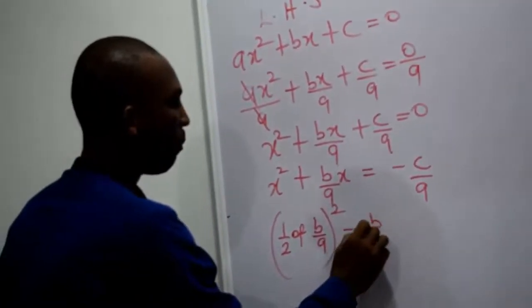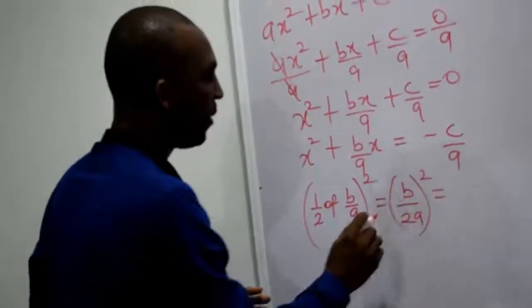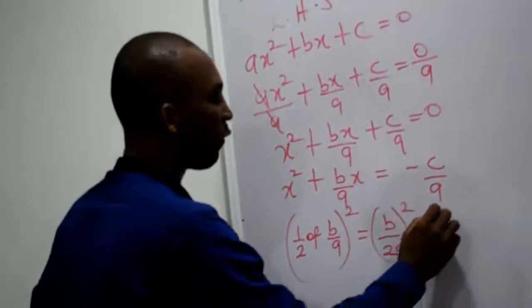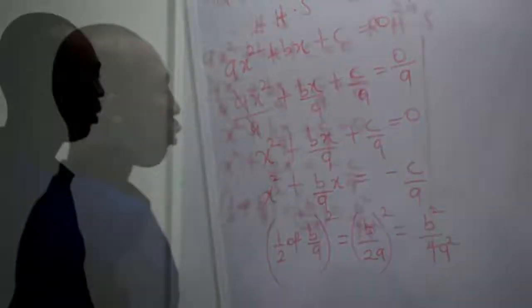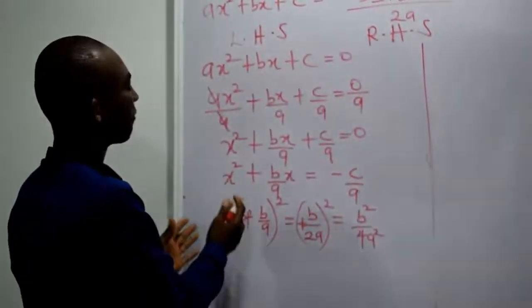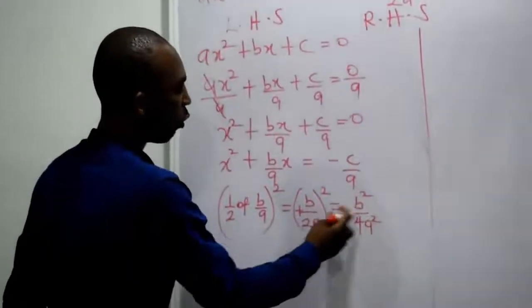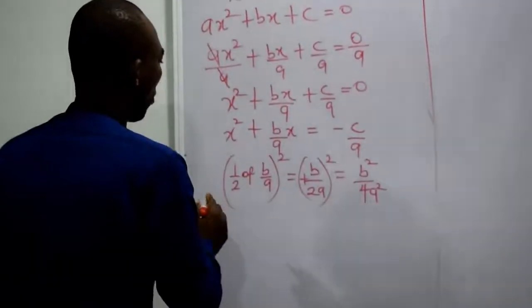That becomes b over 2a all squared, and b over 2a all squared will give us b squared over 4a squared. So we have got what we need to add to the left hand side, which is b squared over 4a squared. So let's add this to both sides now.